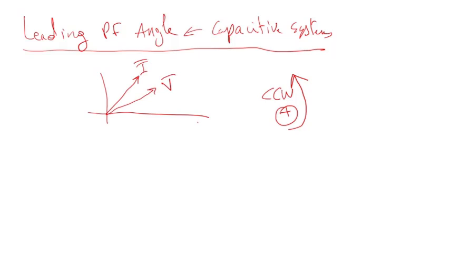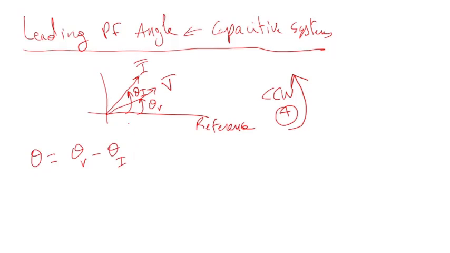So again, if this is the reference, then I'm taking the angle from the reference. So this is theta V, this is theta I. Again, theta V minus theta I, I call this theta.